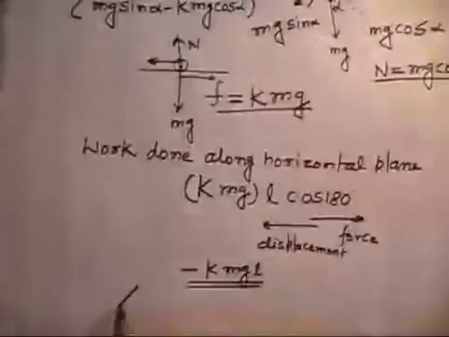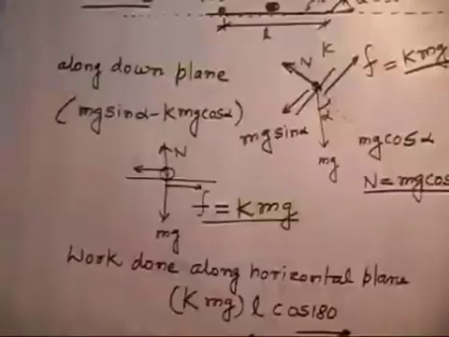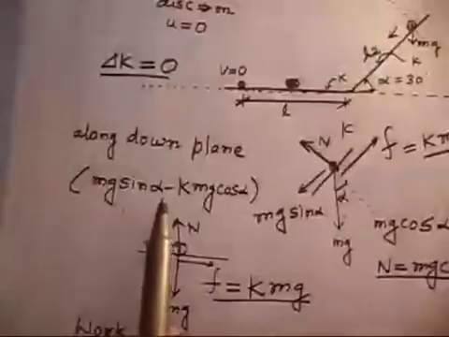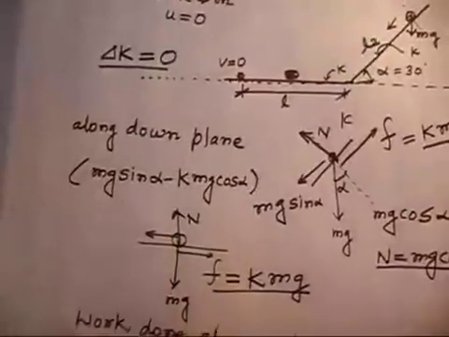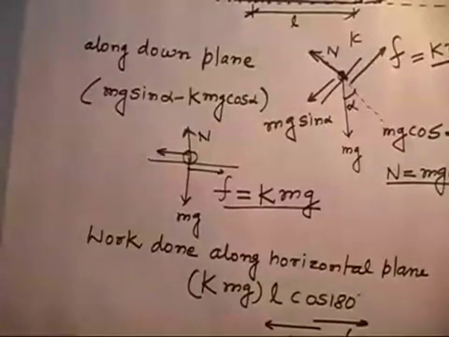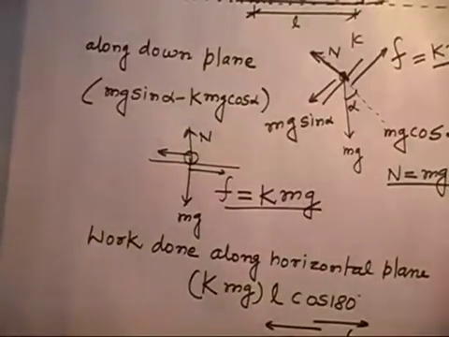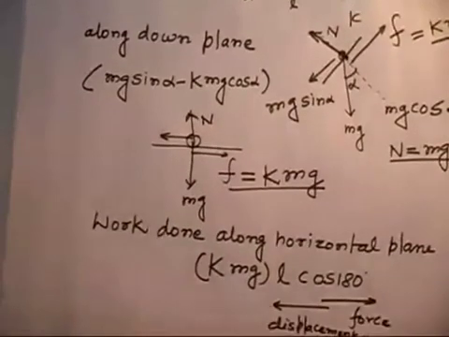So you see, when it's coming down along the incline, what is the acceleration? Total force down the incline that we have written: mg sin alpha minus kmg cos alpha. So acceleration is that divided by mass. This means g sin alpha minus kg cos alpha, as the mass cancels out. So what is the displacement L2?